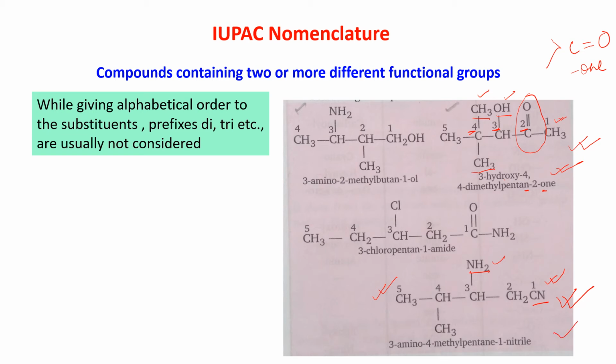So the name of this compound is 3-amino 4-methyl pentane, because it is a saturated chain, so ane, pentane 1. Now this CN is a secondary suffix, it will come as nitrile. So the name of this compound is 3-amino 4-methyl pentane 1-nitrile.